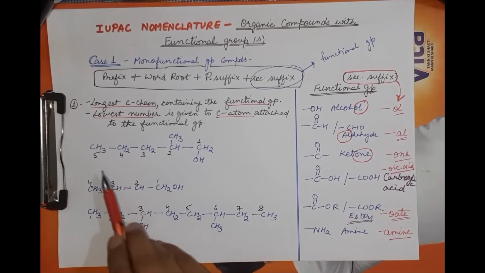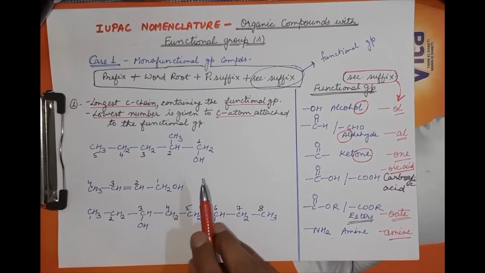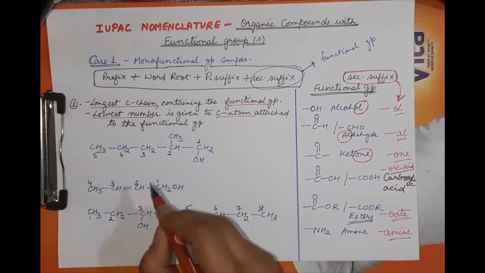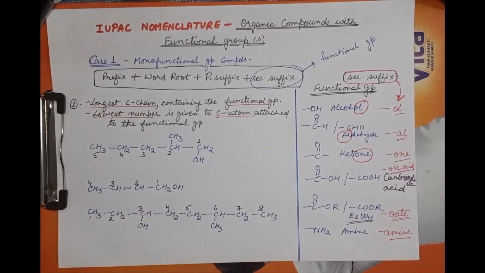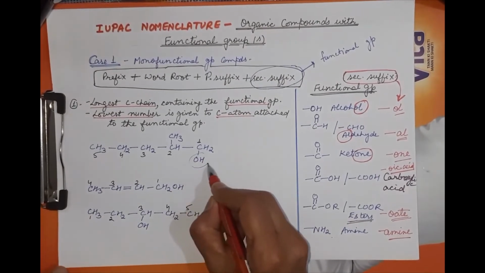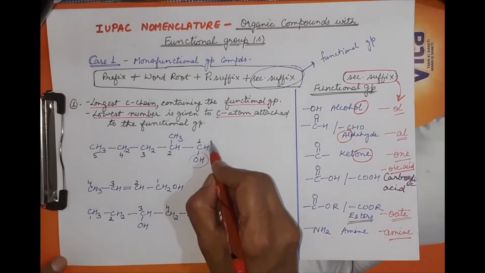So first, if we see this compound and we have to write its IUPAC name, the first thing we have to do is decide the longest carbon chain which contains the functional group. In this case, this OH is the functional group, and the longest carbon chain which we can take is this.